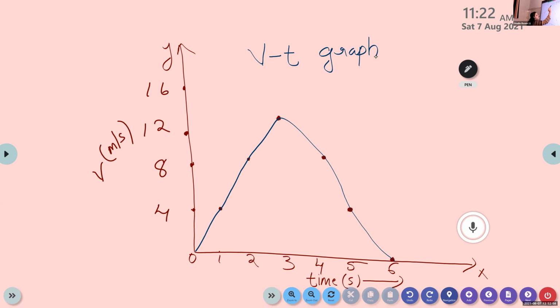So this is the velocity time graph. So the second question is over. We are drawing this velocity time graph from the given acceleration time graph. For that, we find the area under the acceleration time graph. Area under the acceleration time graph gives the velocity corresponding to each second.